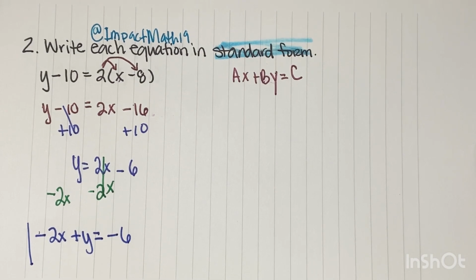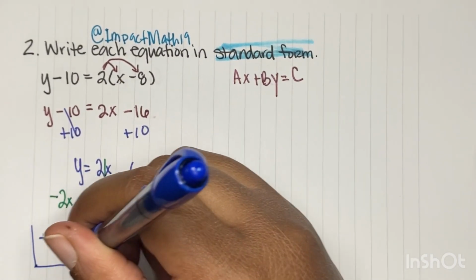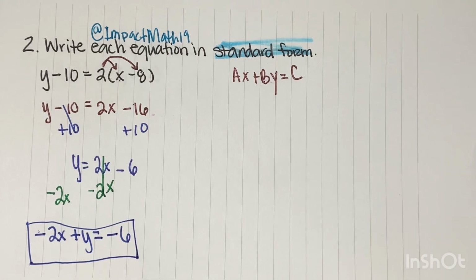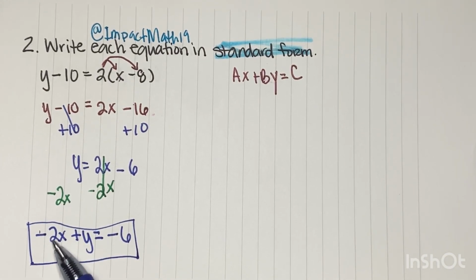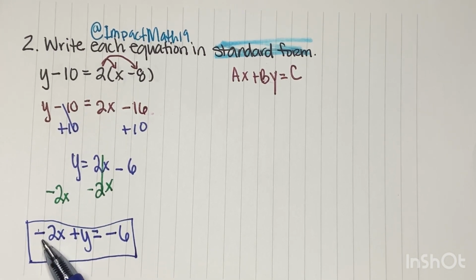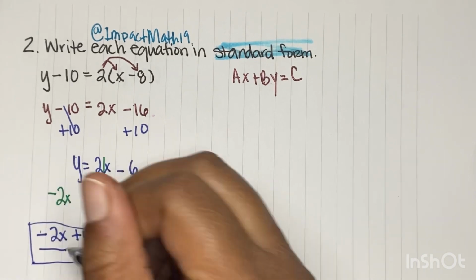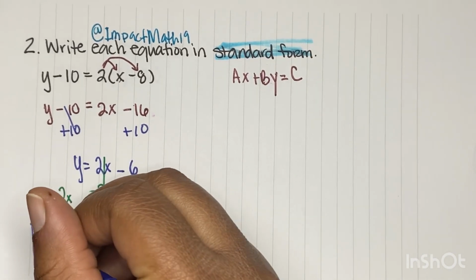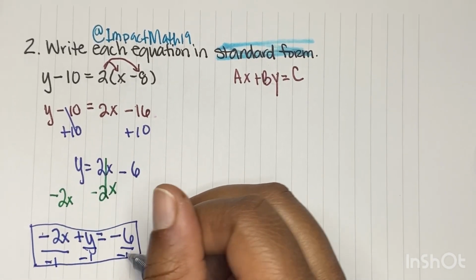Now, this is our equation in standard form, okay? But let's just say we don't want it to lead with a negative number. So what we can do is divide each of these by negative 1. Okay.